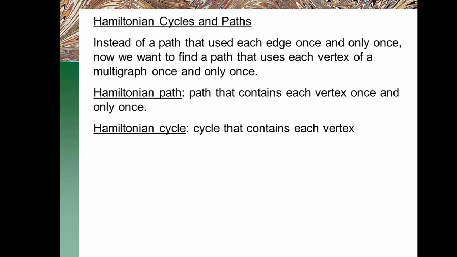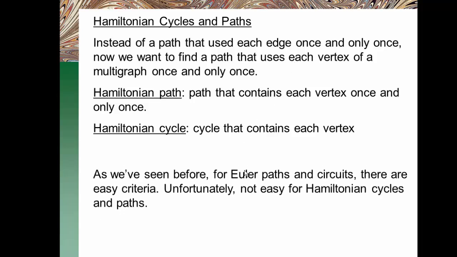Notice that here we don't need to call them Hamiltonian circuits, because in circuits you may have repeated vertices. But here we can use the word cycle because the vertices are not repeated. From the definition, we go through each vertex only once.